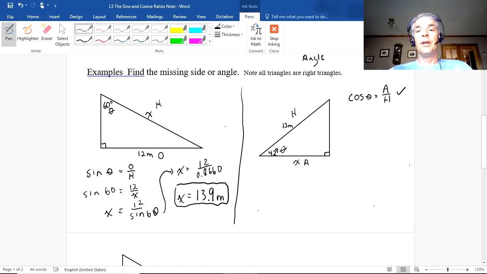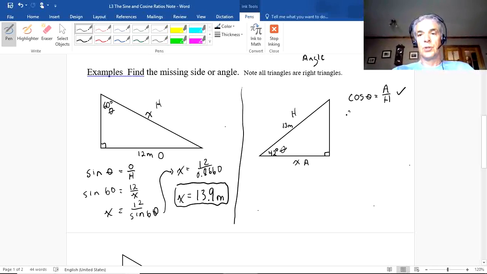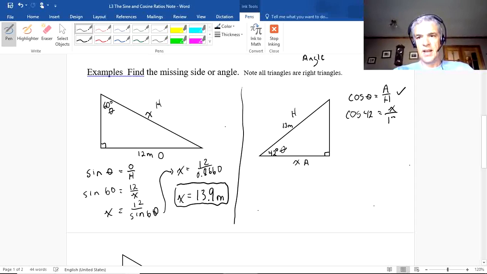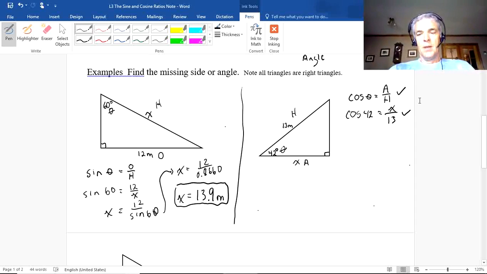And what do I say? cos 42 equals x over top of h, 13. That's going to be worth a mark. And then I'm going to solve this.